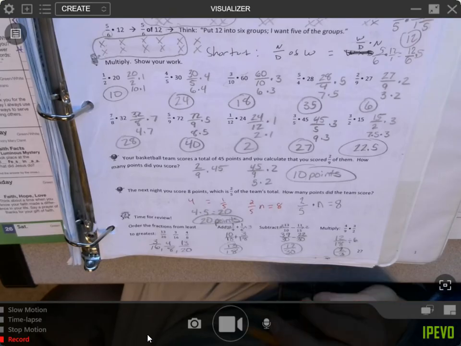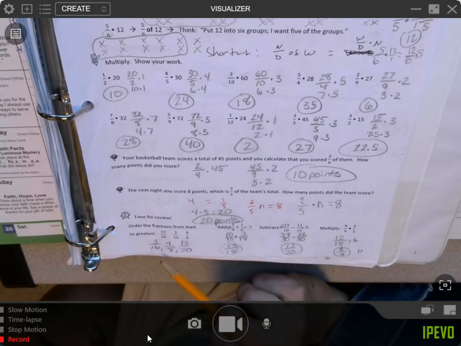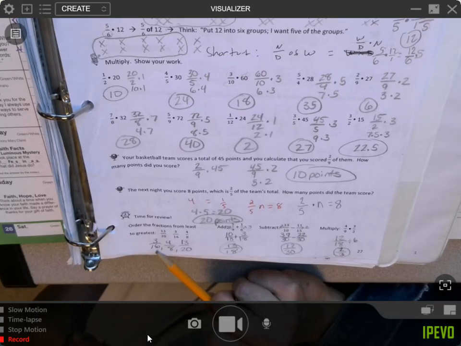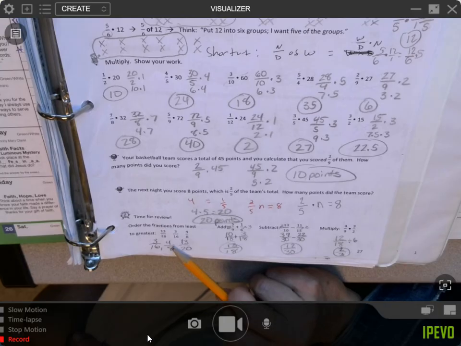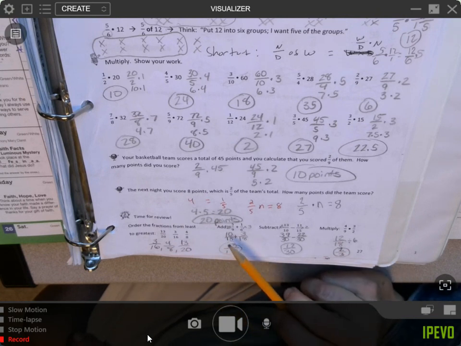Okay. Now we had review. Ordering from least to greatest, we had 3/16, which is close to 0, 4/8, which is a half, 13/20, which is bigger than a half. Adding, we needed those common denominators. So we had 10/18 plus 3/18 equals 13/18.